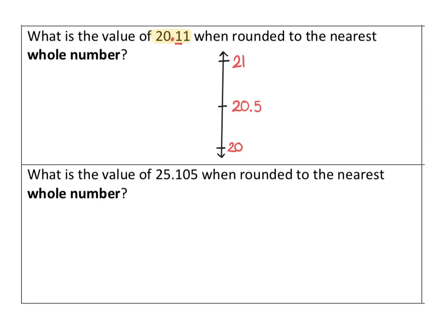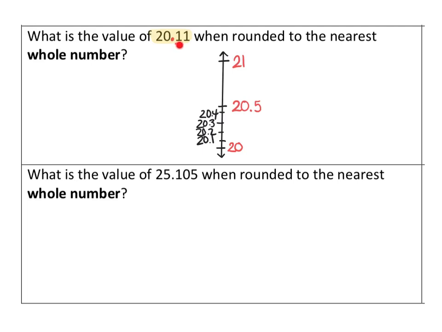We know that 20.5 is here, which means below will be 20 1/10, 20 2/10, 20 3/10, 20 4/10, and then 20 5/10.